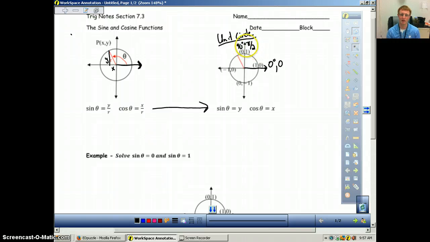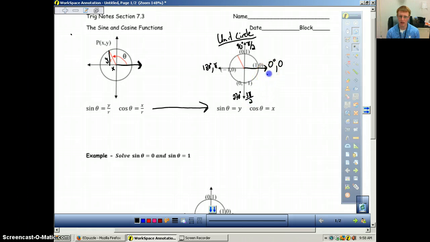But think of it like this. If the entire circle is 2 pi, then a quarter of the circle is going to be 1/2 pi. We get over here, our degrees are 180 degrees and pi radians. Down here we have 270 degrees and 3 pi over 2 radians.